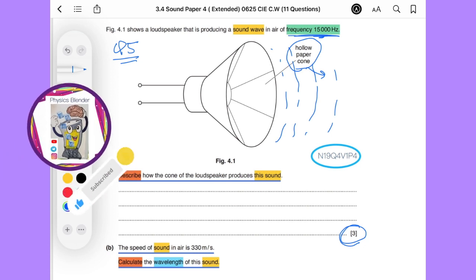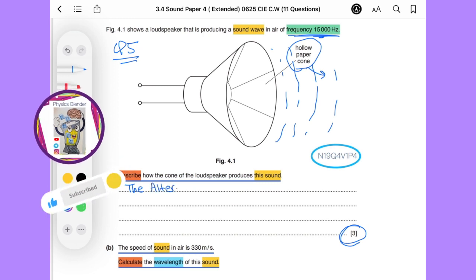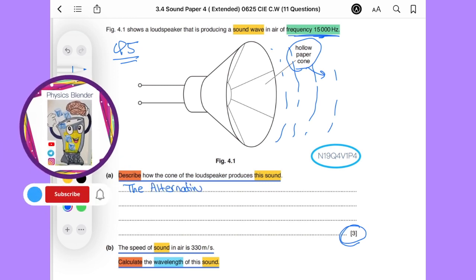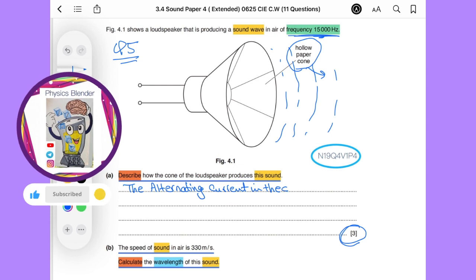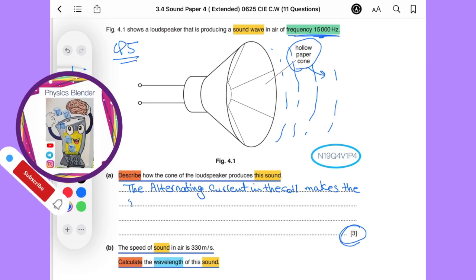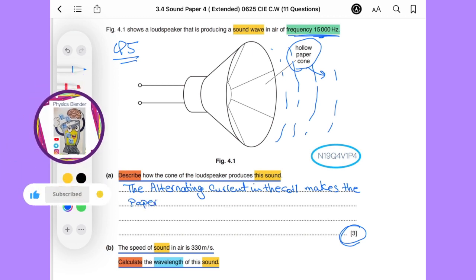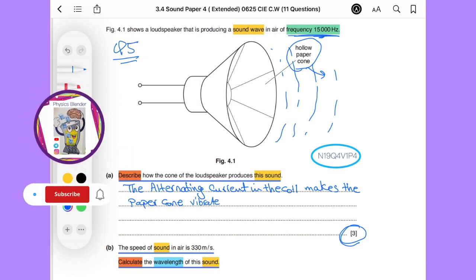So the alternating current in the coil makes the paper cone to vibrate in and out.